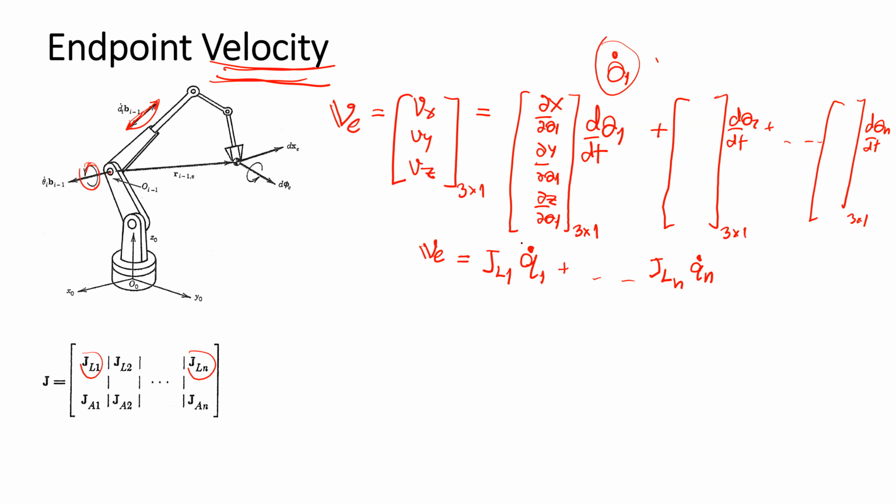So as I mentioned before, this joint variable depends on the type of the joint, whether it's going to be prismatic or revolute.